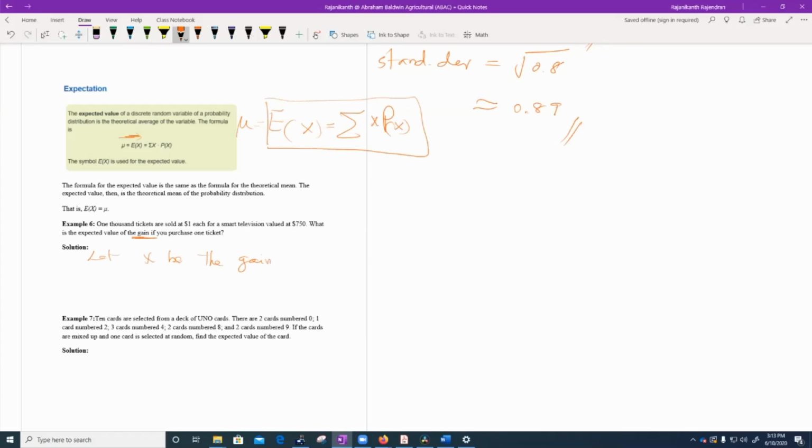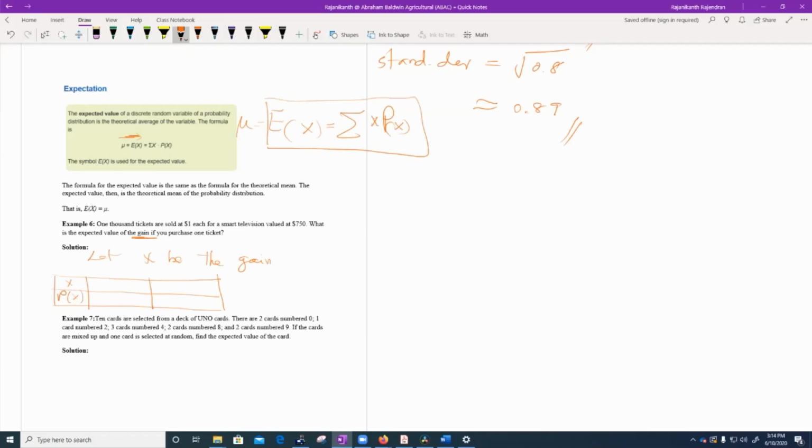for this particular problem. Remember, there are two possibilities for the gain here. What are those? Suppose you win this lottery, you will get the television worth 750, right? But anyway, you are paying $1 for the ticket.